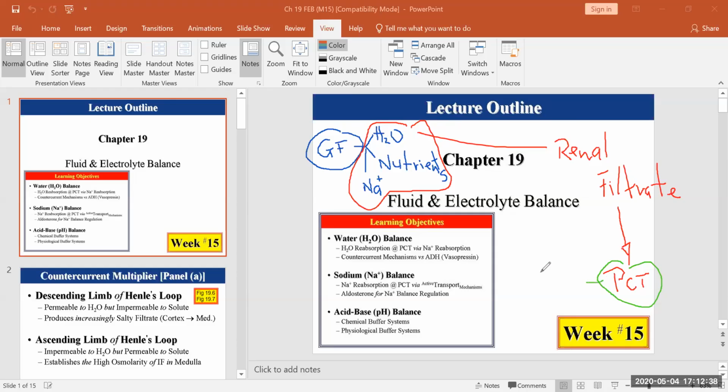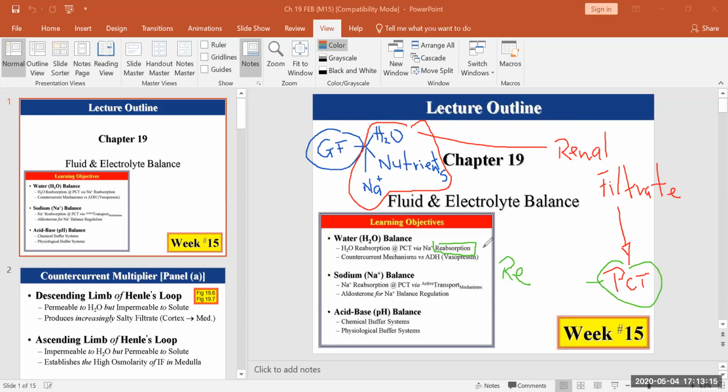And because of that, we call this not absorption, but reabsorption. So all of that desired material, water, nutrients, specifically glucose and amino acids, and sodium, and to some lesser extent, potassium, bicarbonate, would be reclaimed by the proximal convoluted tubule.